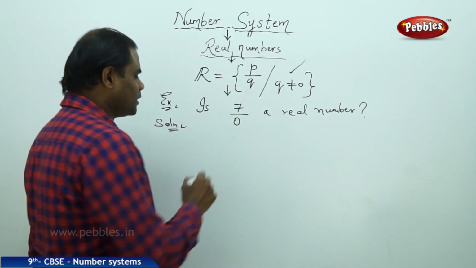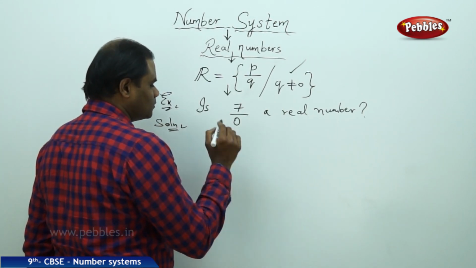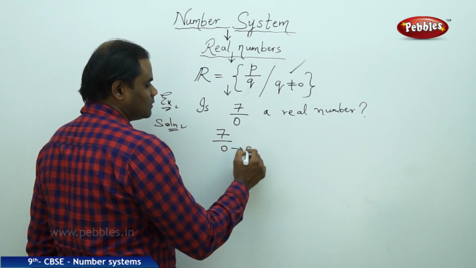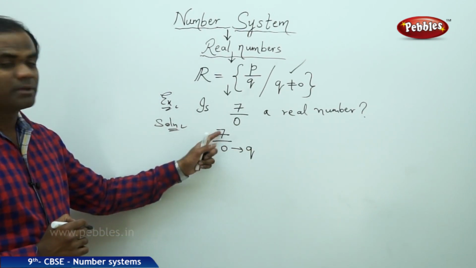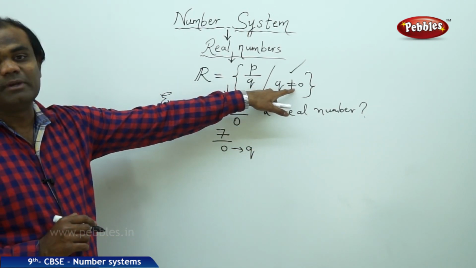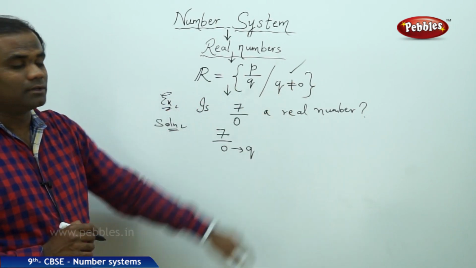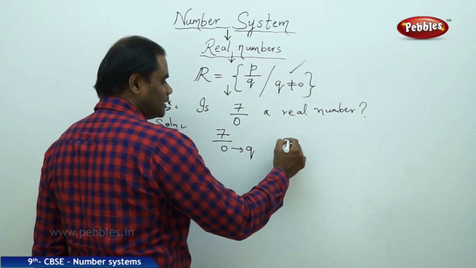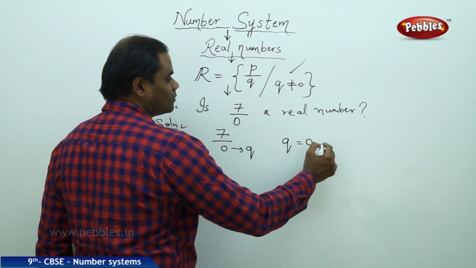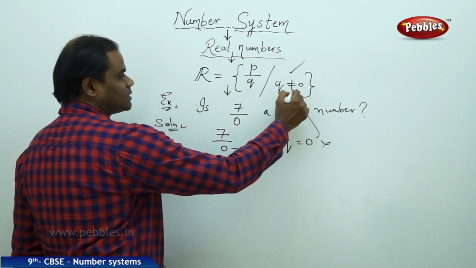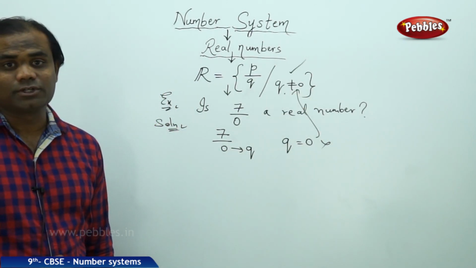So let's pick the given number 7 over 0, as clearly I see that it is in the form P by Q, with Q being tested for the real number. Now clearly I have Q equal to 0, which fails the test that Q should not be equal to 0.